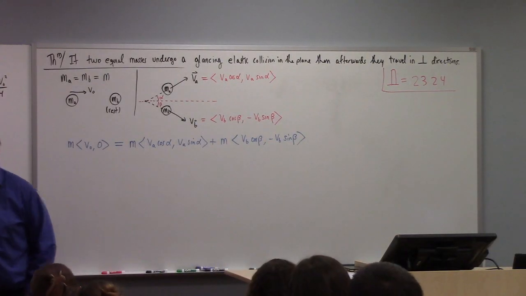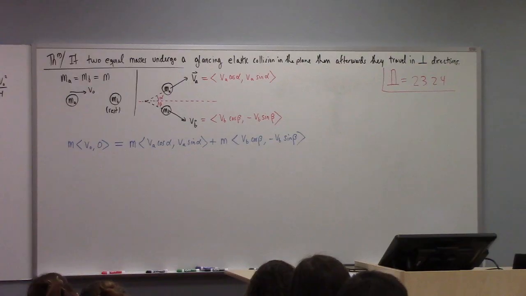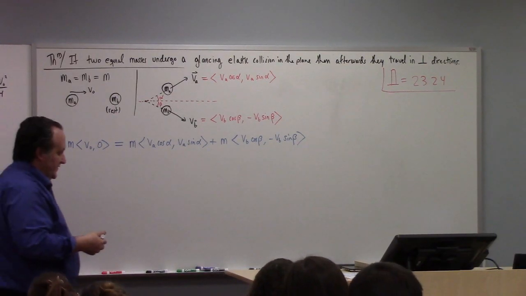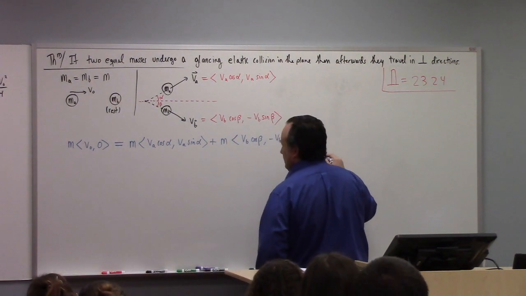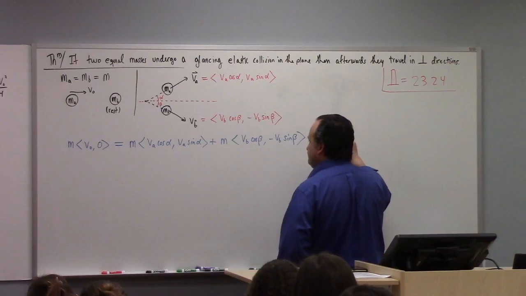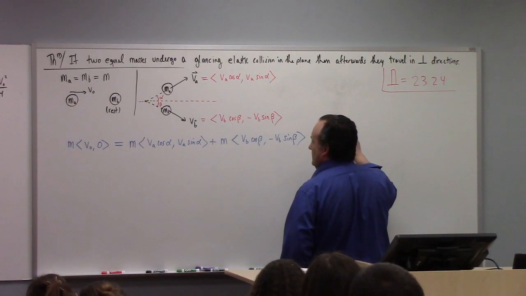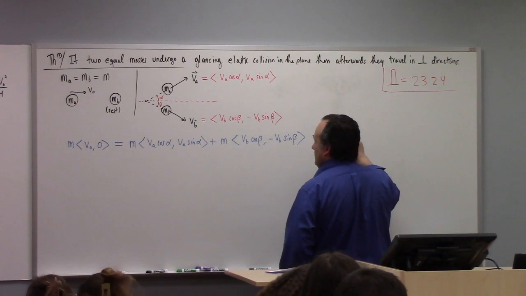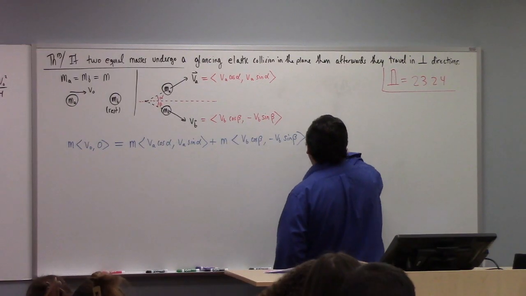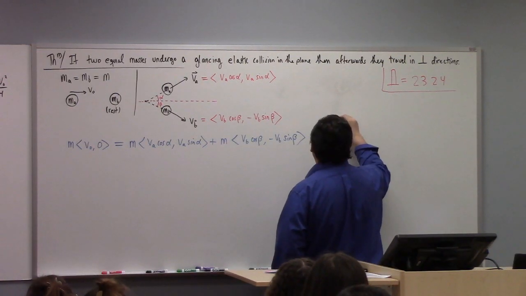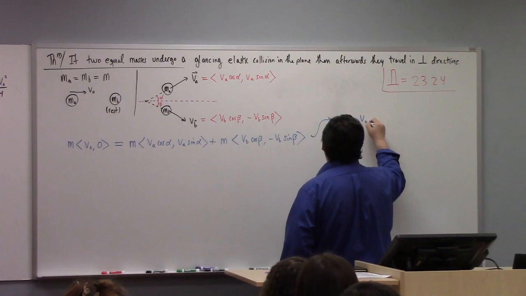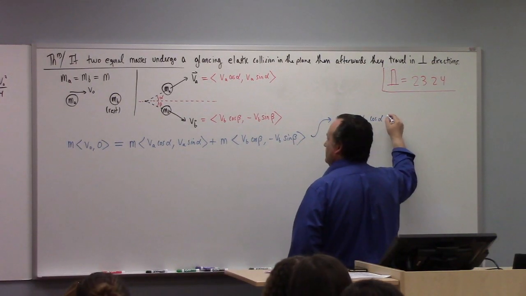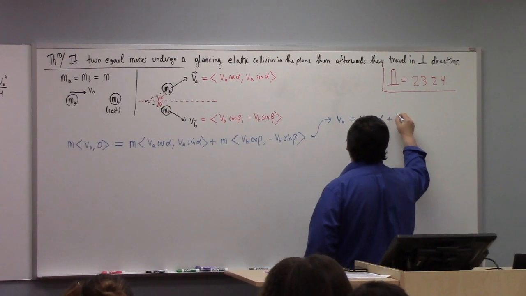Of course, we can cancel out the m, we just divide by m. And so that's just momentum conservation. Let's see if I can simplify that a little bit. From the x component, we've got v naught equals VA cos alpha plus VB cos beta.